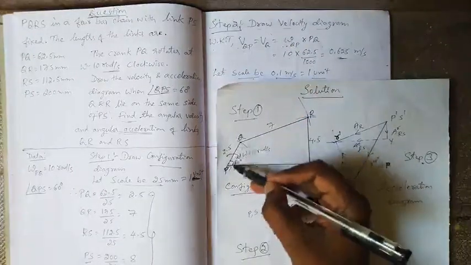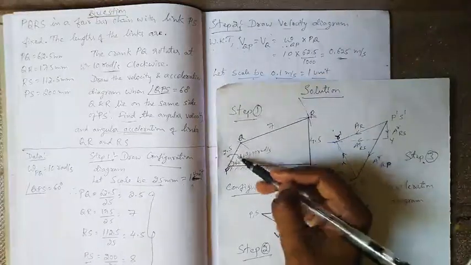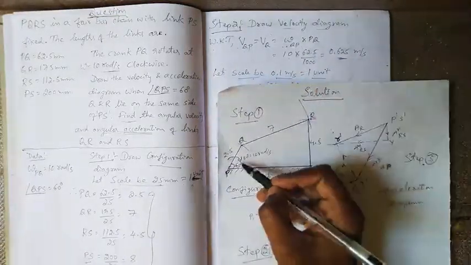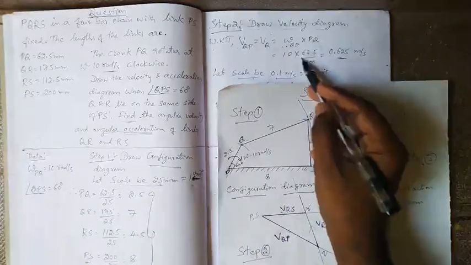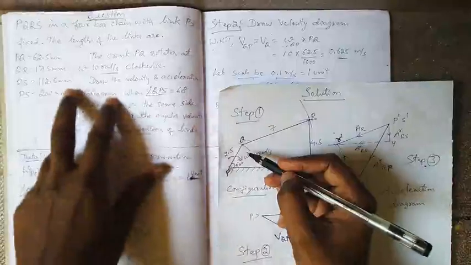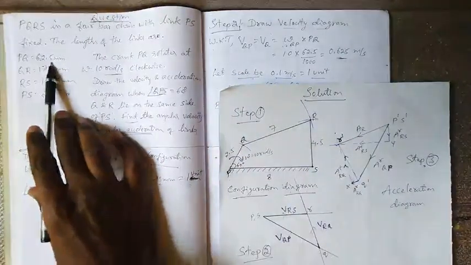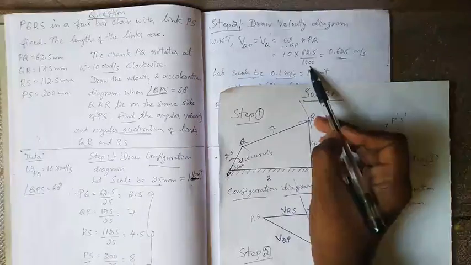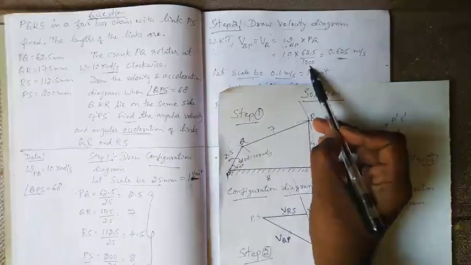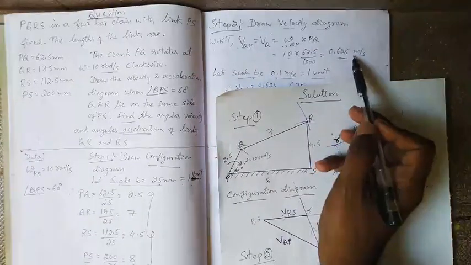So the absolute velocity we can write as vq, the velocity of point Q, given by the angular velocity of that link multiplied by the length of that link. So the angular velocity of QP is 10 radians per second multiplied by the length of link PQ, 62.5 millimeters. Divided by 1000, we are converting it into meters. If you operate the calculator, you will get 0.625 meters per second.